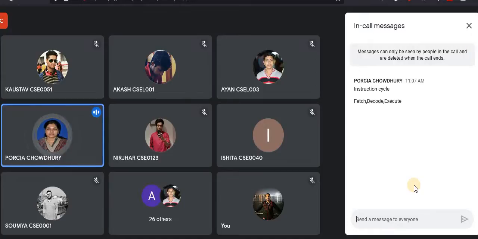First is fetch the instruction, then decode the instruction. After that, fetch the operands from memory or register, then execute the whole instruction, and after that store the output result to the memory or register. This whole thing will be termed as the instruction cycle.